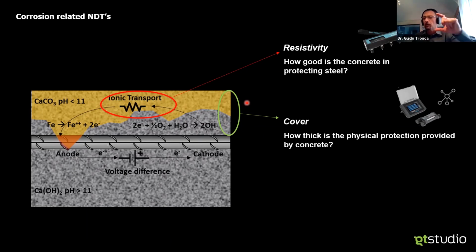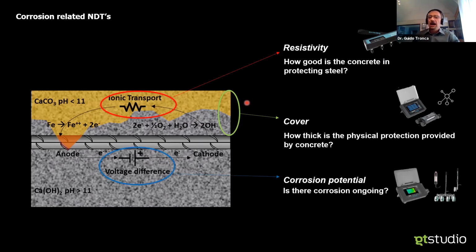If I put a cover of 45, it will last probably 35 years. And last, there's a voltage difference. Okay, we have the tool for chasing after this voltage difference on the surface.